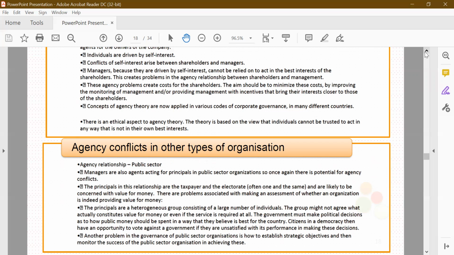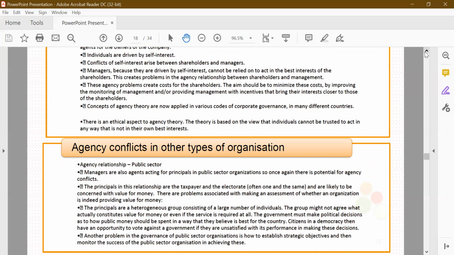The government must therefore make political decisions as to how public money should be spent in a way that they best believe is good for the country. In a democracy, citizens have the opportunity to vote against the government if they deem their performance unsatisfactory.